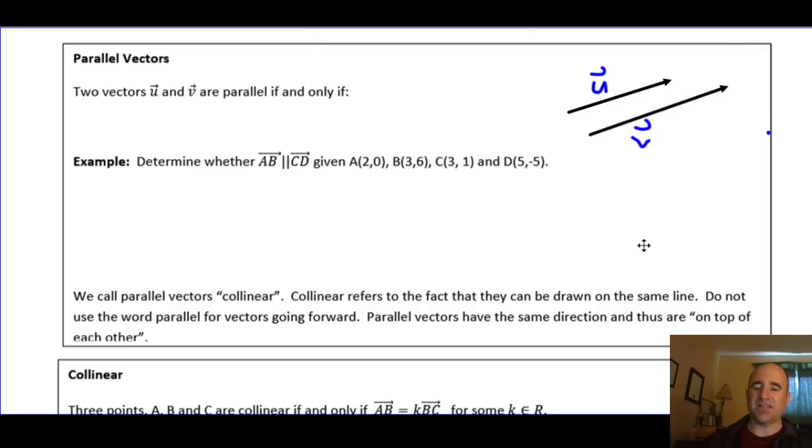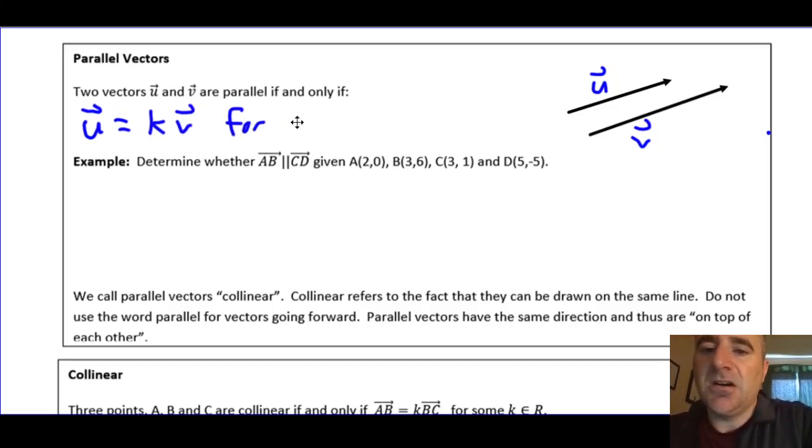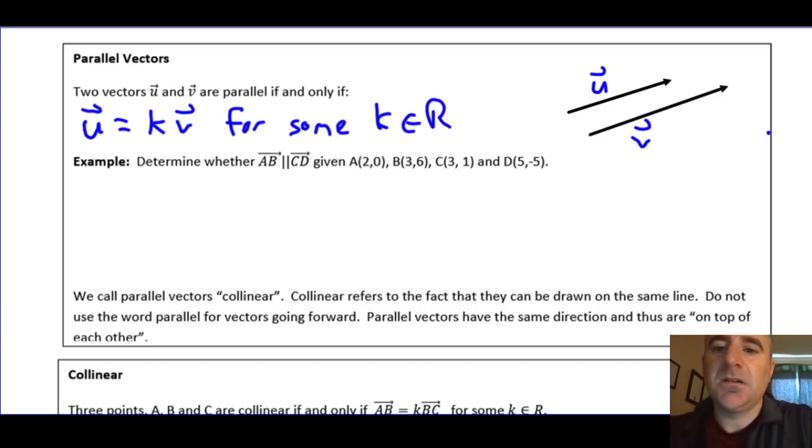So u must equal k times v for some real number k. It could be the other way around; it doesn't matter. Like in this picture, u equals kv. It just means that the k value has to be less than 1 since u is shorter. It looks like it'd be something like 2/3 or 3/4.